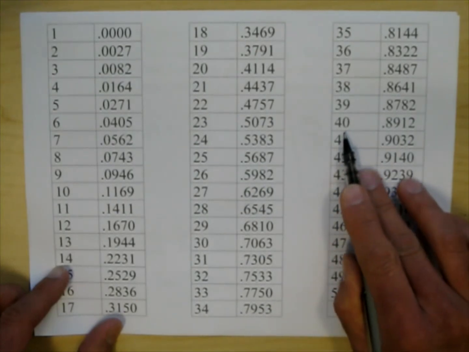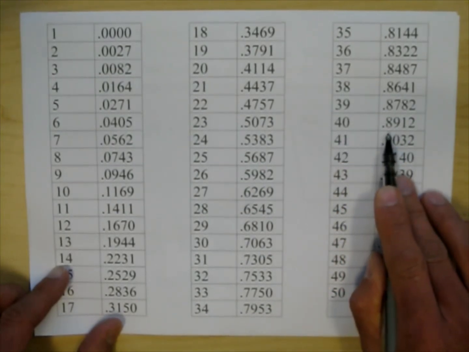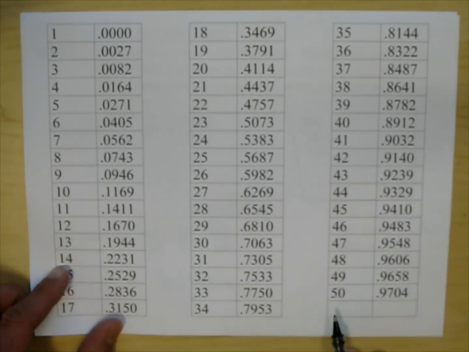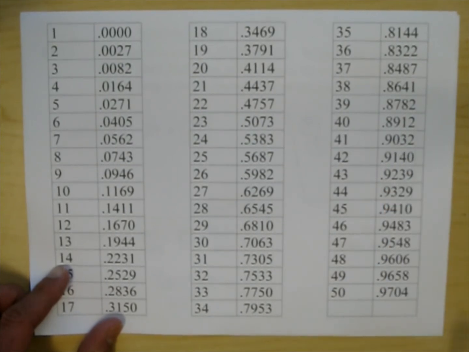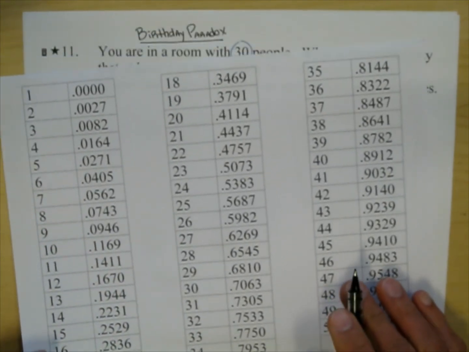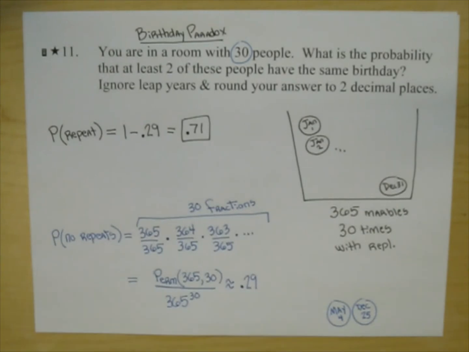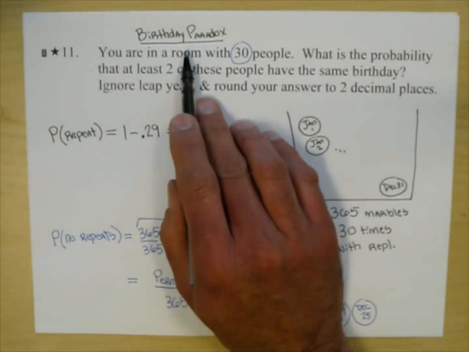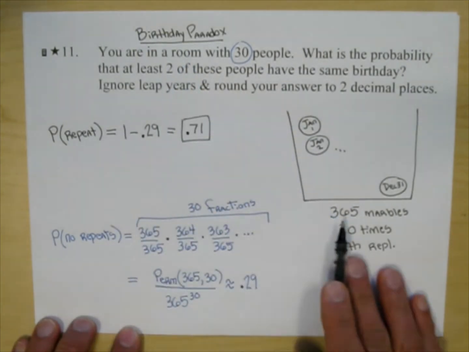Look, if there's 40 people in a room, it's 89% chance that 2 of them are going to share the same birthday. And then 50 people is 97% chance. So maybe this shocked you that this happens. That's why it's called the birthday paradox. But in cryptography, people will often use this.